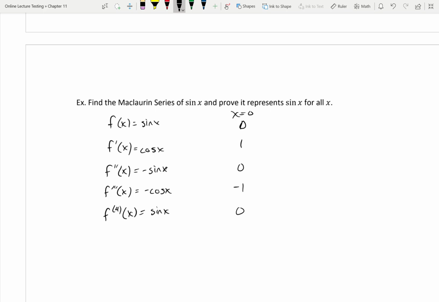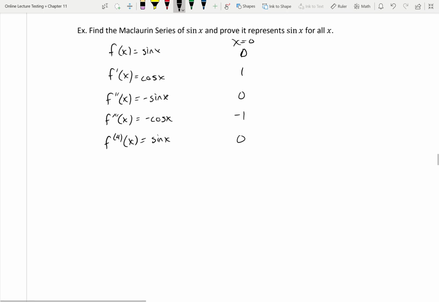If we were to look at this, this is equal to f of 0 plus f prime of 0 divided by 1 factorial x. Again, dealing with the Maclaurin series, so a is equal to 0, plus f double prime of 0 divided by 2 factorial x squared, plus so on.